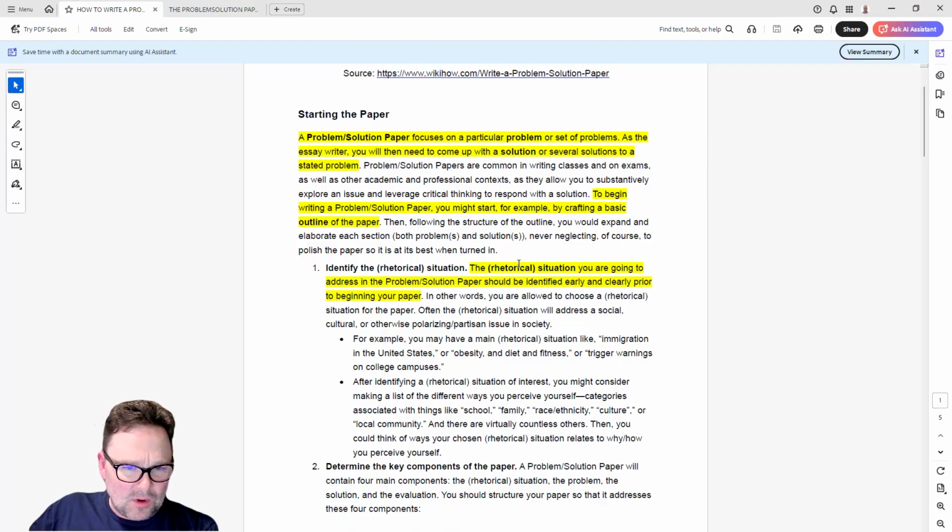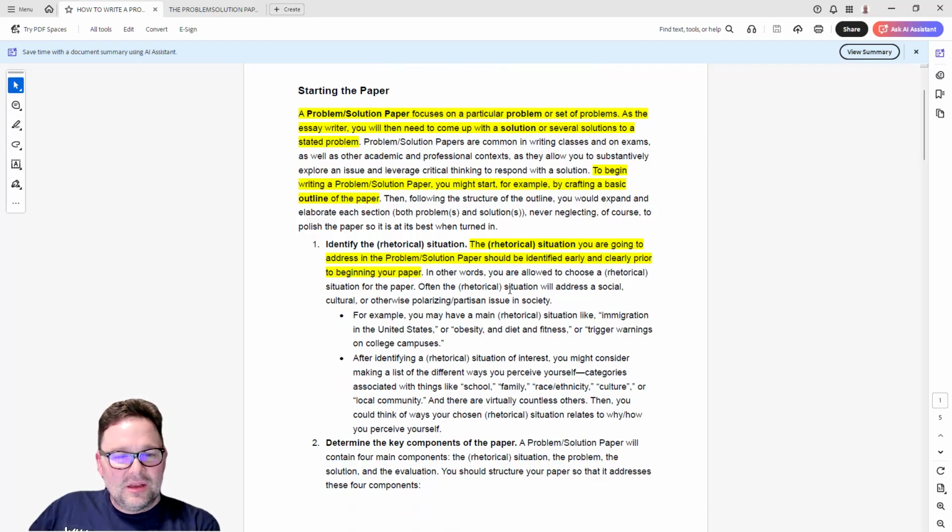So that's why you're going to see this in parentheses a bunch.